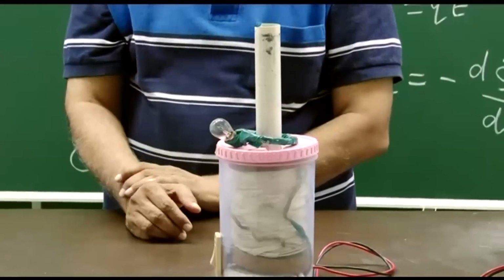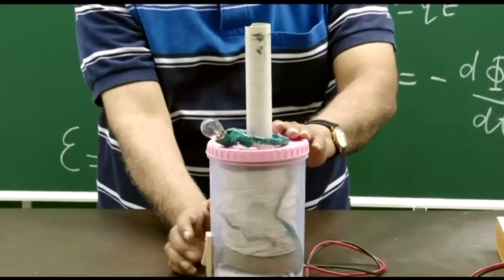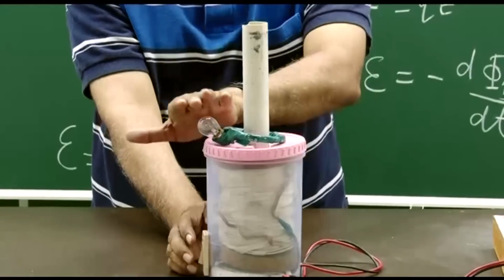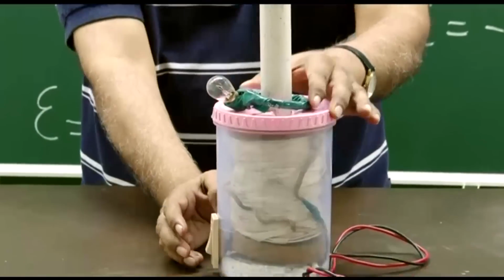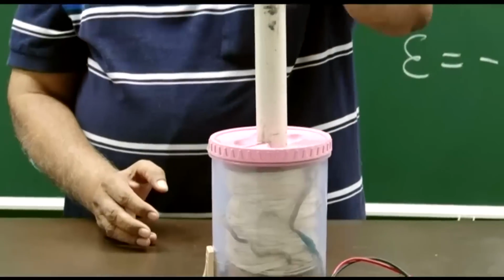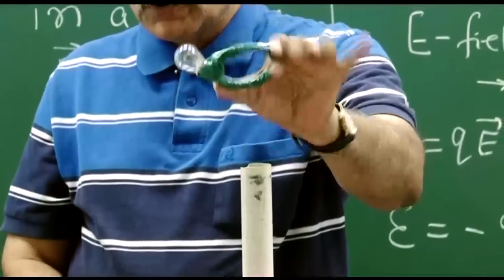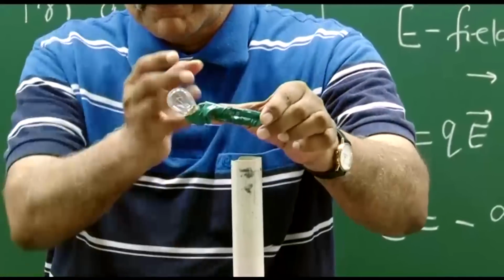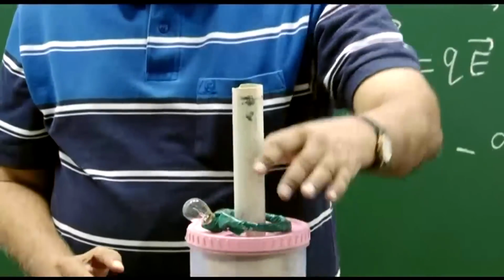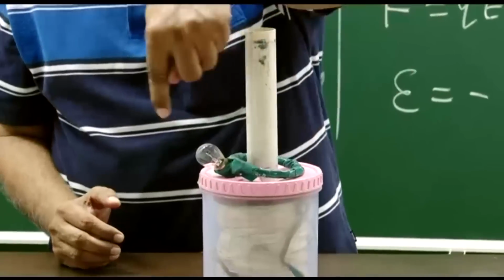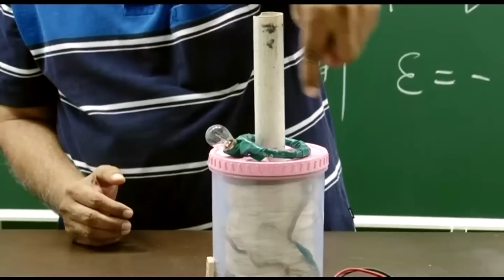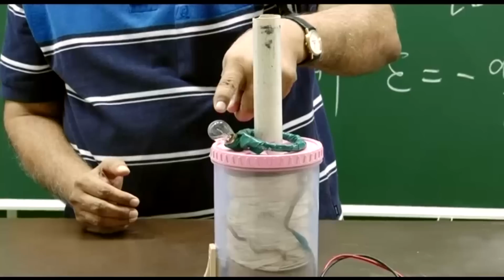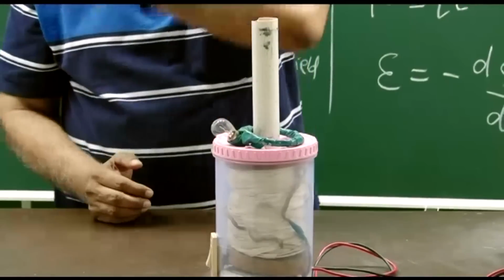So, just watch. I am passing the current by pressing the switch, and you look at this bulb. Okay. So, in this circuit there is no battery or no connection and no extra power is given. It is because of the electric field which is created here, the electrons are driven in this coil, and that makes the bulb glow.